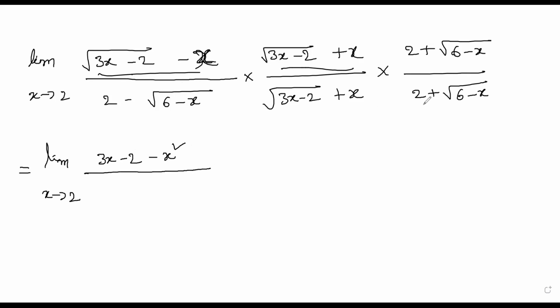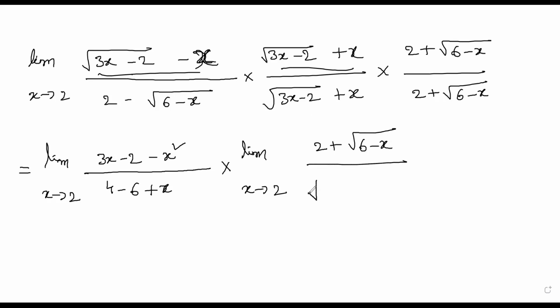And in the denominator part, you get 4 minus 6 plus x. This is what you get in the denominator, multiplied by the limit as x extends to 2 of 2 plus square root of 6 minus x divided by square root of 3x minus 2 plus x.